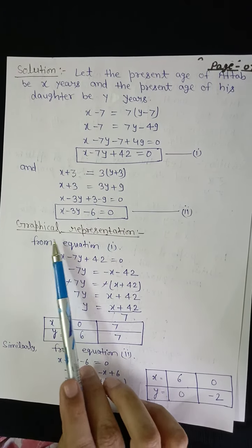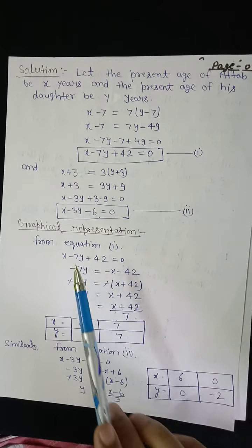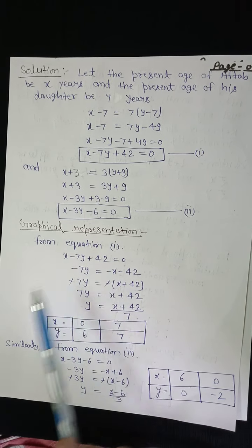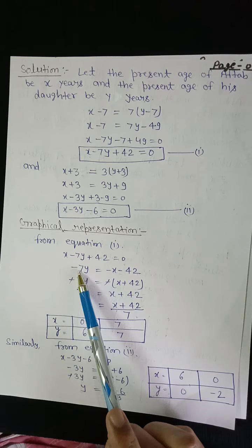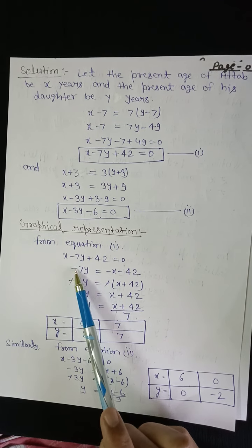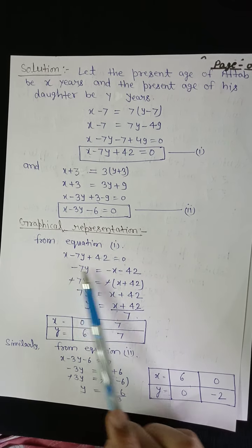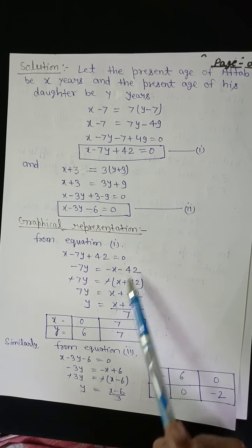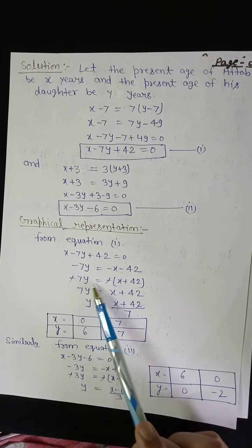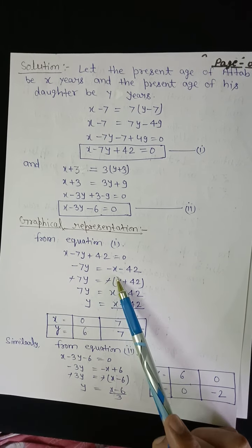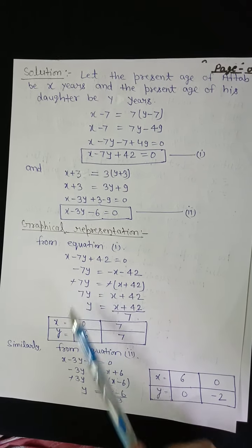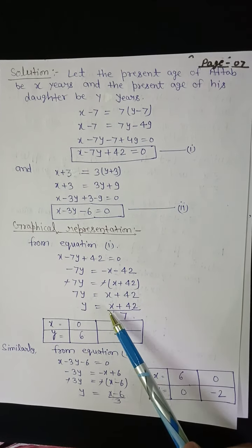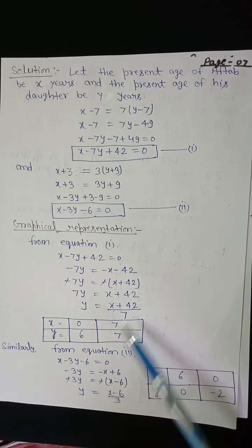Now I will discuss the graphical representation of this situation. From the first equation, x minus 7y plus 42, taking minus 7y to this side and 42 to the right hand side, 7y equal to x plus 42. Y equal to x plus 42 divided by 7.